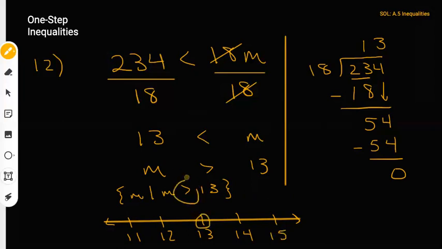This is because this symbol right here, the greater than symbol, has no equal to under it. So I'm going to use an open circle, which means I don't include 13 with my answer. But I am going to shade every single number that's greater than 13. So I need to shade to the right to get numbers like 14 and 15.